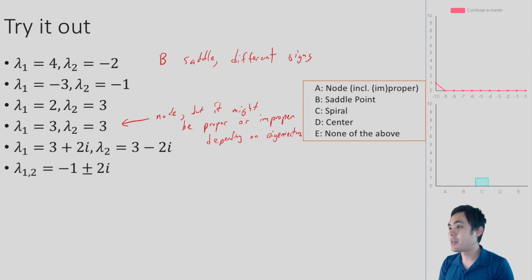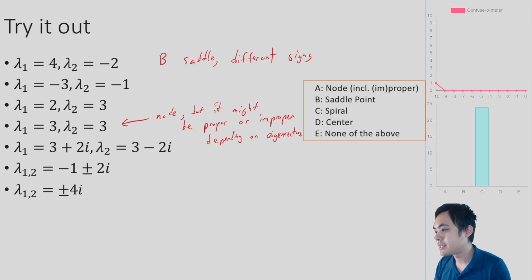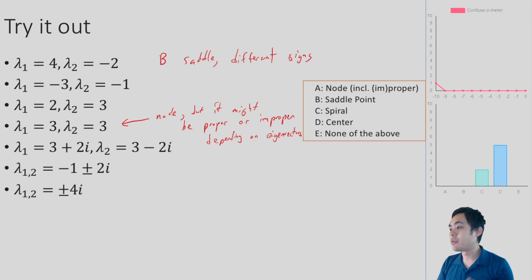Again, the question is, is it complex? And if it's complex, then yes, it is indeed a spiral. And for the very last one, you should know what's coming since we covered these same examples last time. What about if you have plus or minus 4i, where the real part is equal to 0?